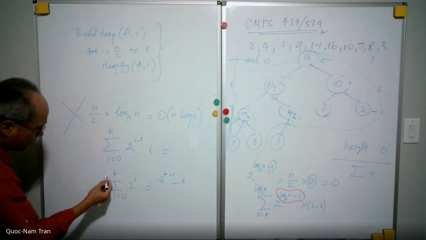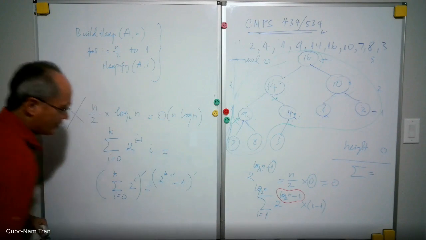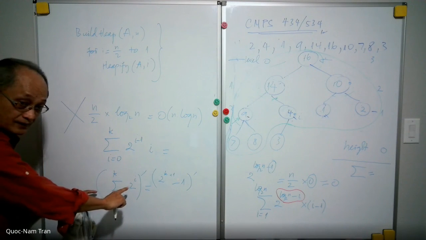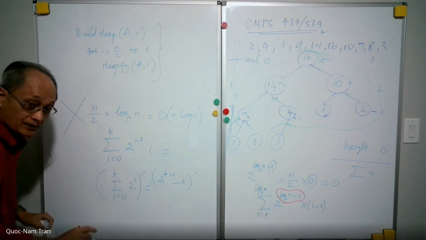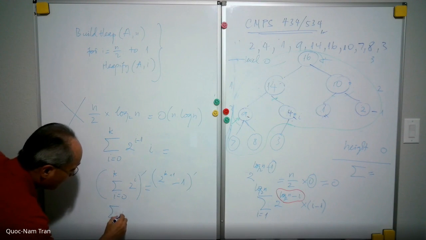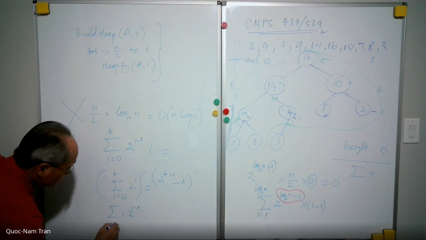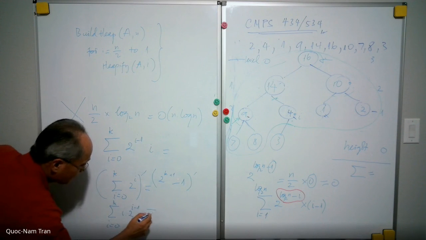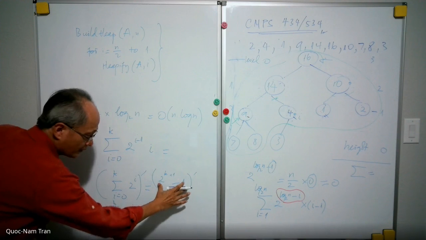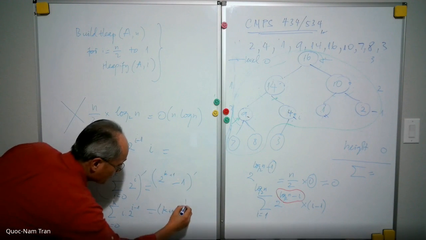Now, if we take the derivative of both sides, what will we have? The derivative of the sum is the sum of the derivatives. It's the sum of i times 2 power i minus 1 for i from 0 to k, right? If we take the derivative here, what is it? k plus 1 times 2 power to the k.